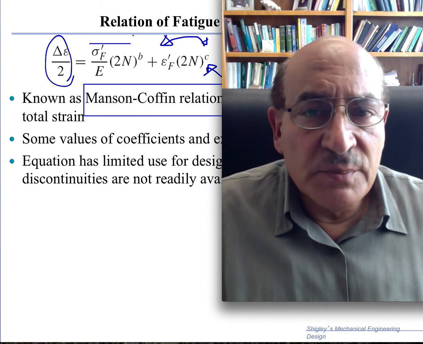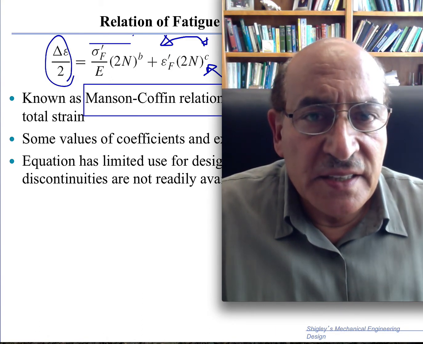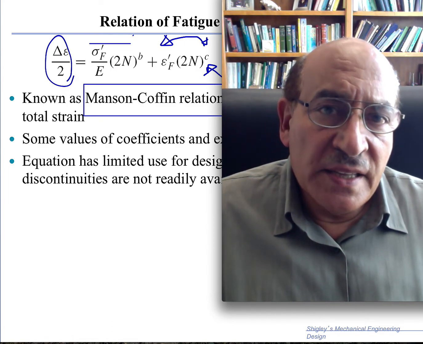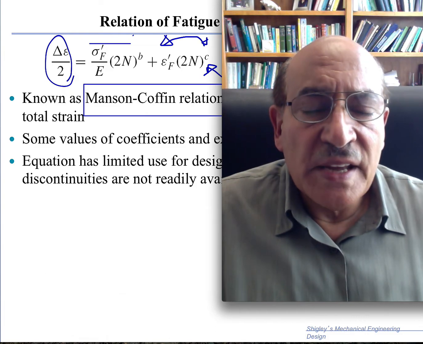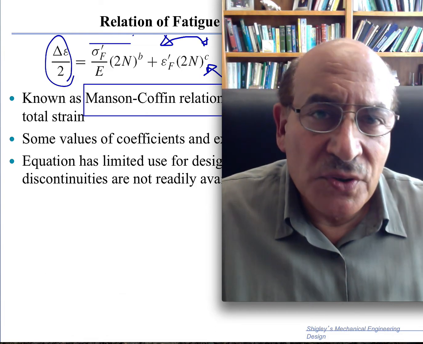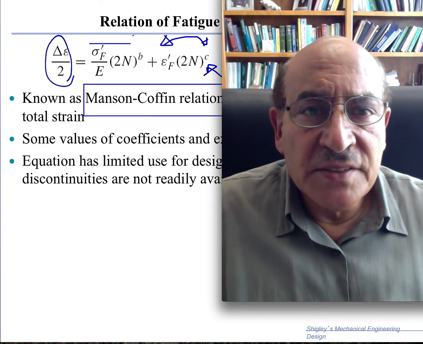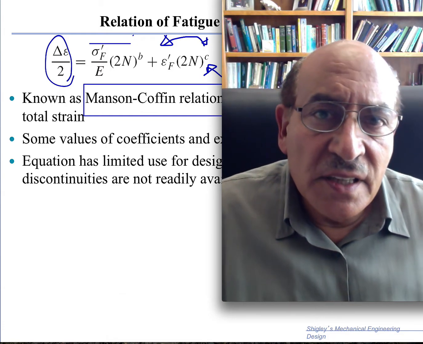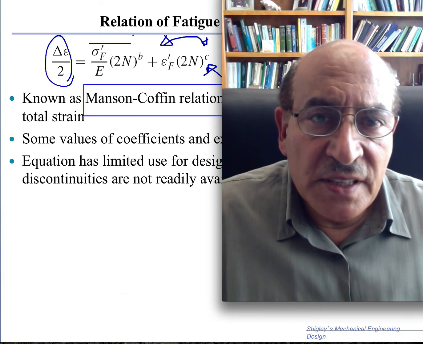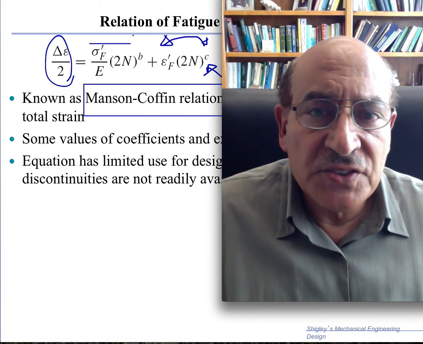So that's basically what we will have in this approach. And as I mentioned, it takes some more work in terms of analysis to get to these numbers. So generally, we would apply it when we reach a higher level of design using elastoplasticity in a cyclic fashion.